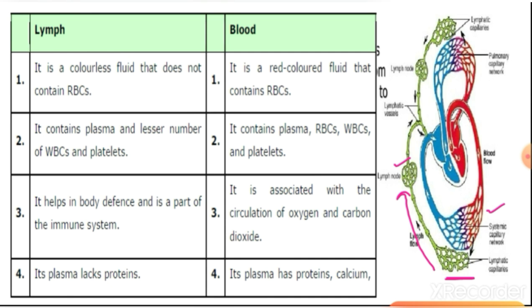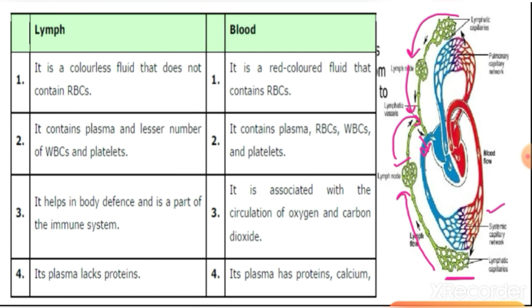So these lymph nodes basically kill the germs and bacteria present in this fluid. They kill all those germs, and the necessary material is then passed over to the veins. So here you could see that it is passing the liquid to the veins. From here, in the lungs also, the lymphatic capillaries are doing the same function and giving this fluid to the veins.